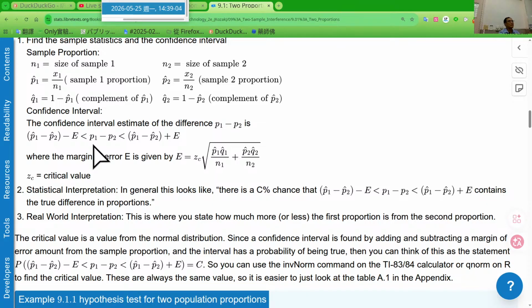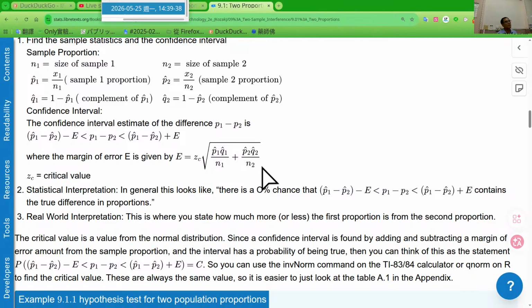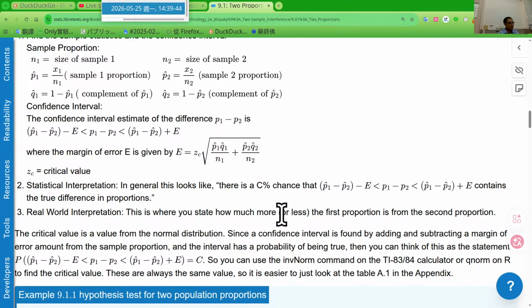We have the 95% confidence interval that the population difference is in the range between this value minus E and this value plus E, where E equals Z times the square root of this expression. I know it's ugly, but we did calculate it previously. I think we can accelerate here.